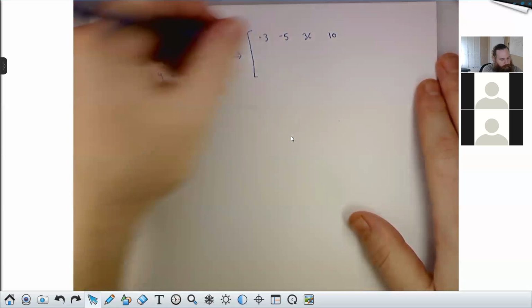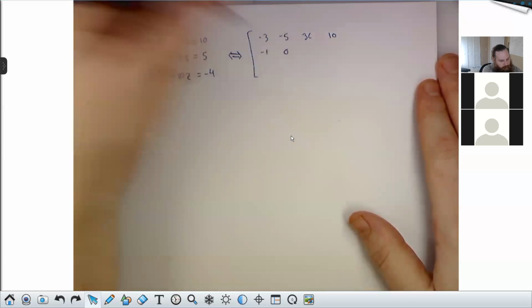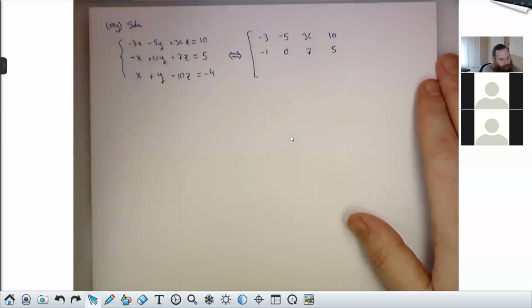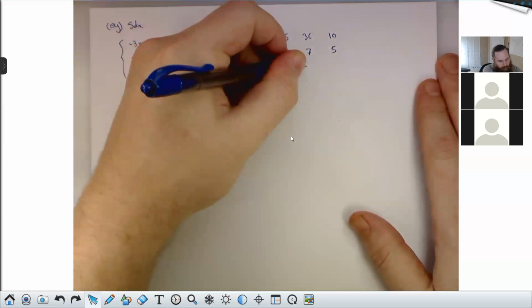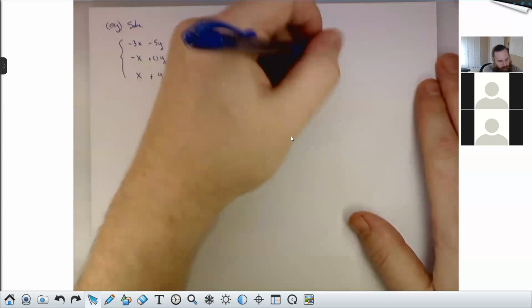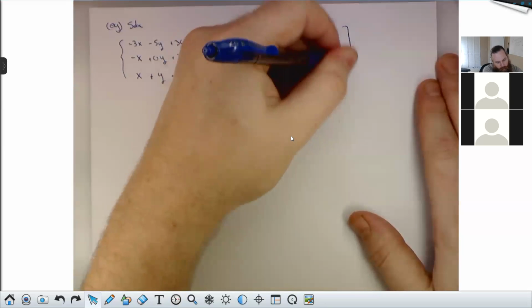My next row is negative 1, 0, 7, 5. And my bottom row is 1, 1, negative 10, negative 4.